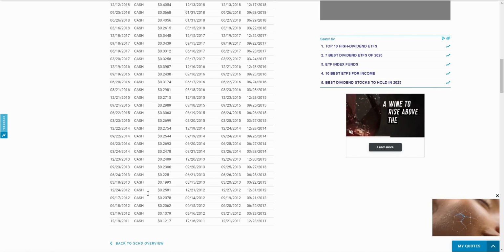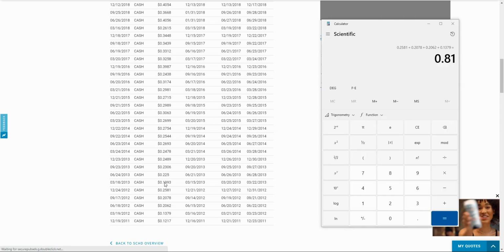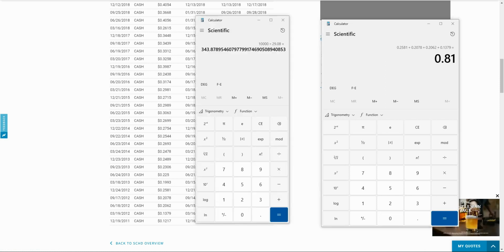So I'm going to calculate all of these dividend payments and add them up to find the yearly payment. After adding all the dividend payments received in 2012, we get that you would have been paid out 81 cents in 2012 had you bought SCHD then. So if we multiply the dividend received in the year times the amount of shares on $10,000, we get that you would have received a dividend of about $278 for the year.